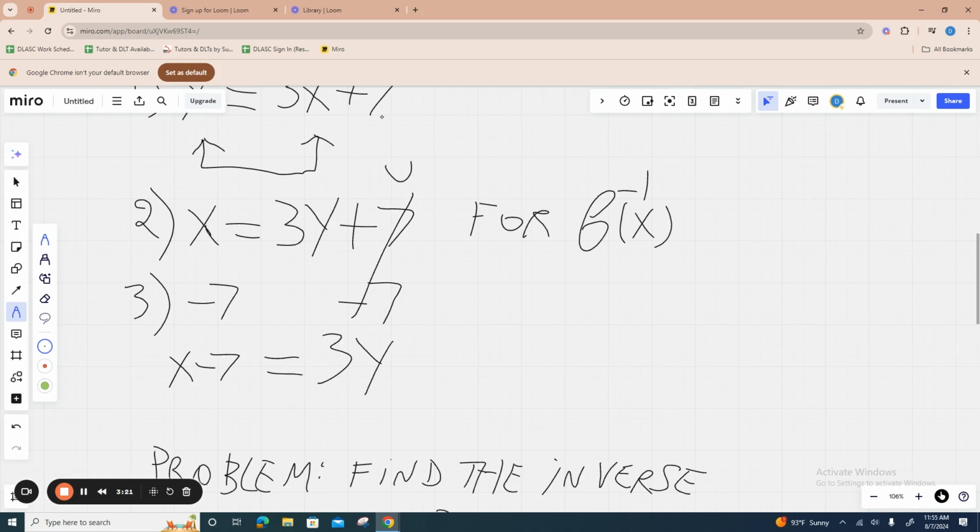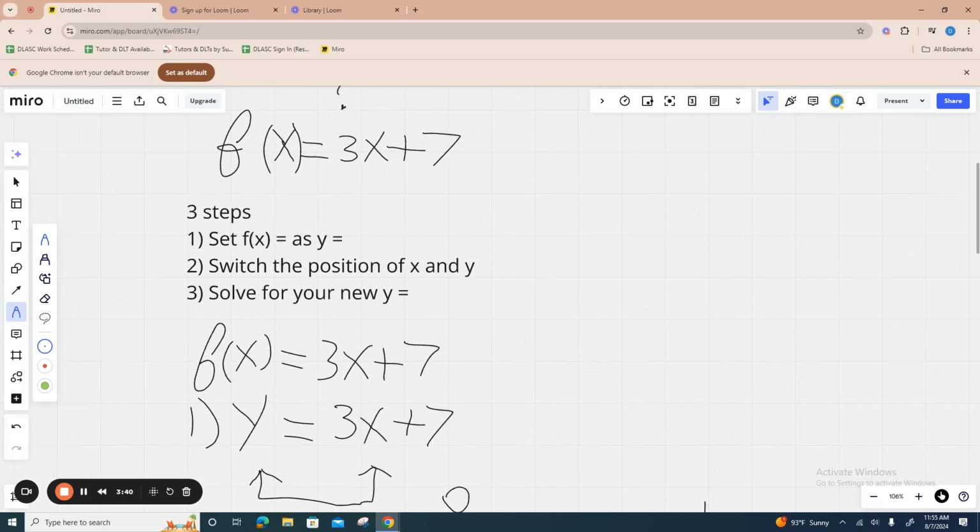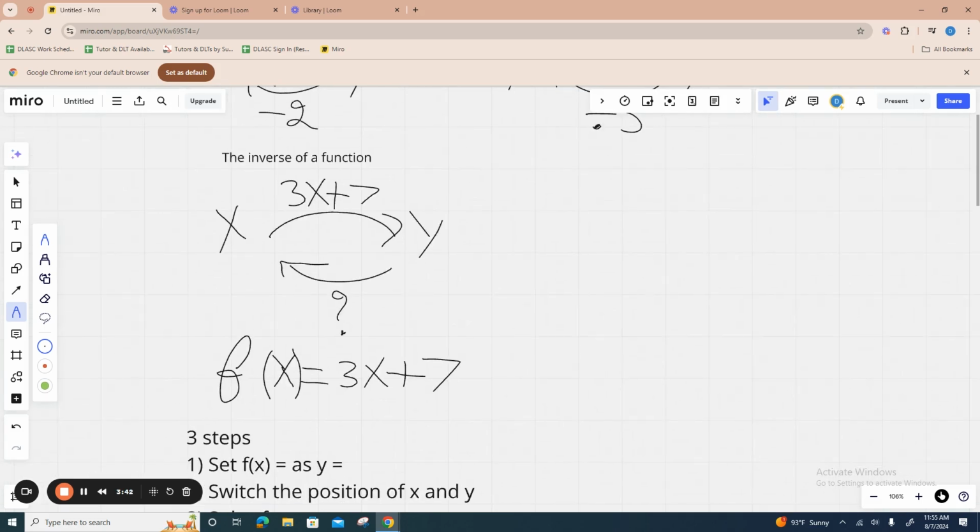And then to get rid of that 3, we divide by 3 on each side. And there we have it. We have y is equal to x minus 7 over 3. That is our return trip, x minus 7 over 3 for this function.